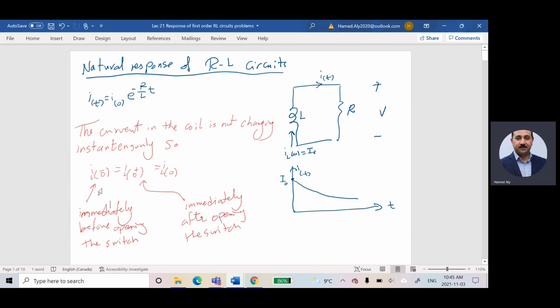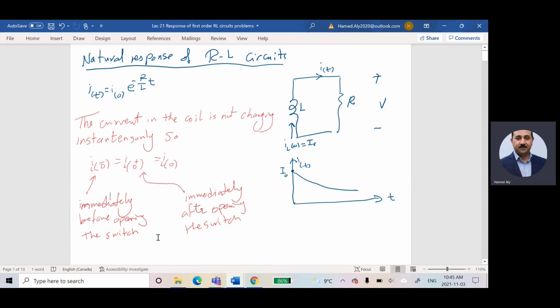So IL of 0 negative is the current immediately before opening the switch. And IL of 0 positive is the current immediately after opening the switch. So this guy before opening the switch and this guy after opening the switch, and both of them are equal. That's why for most of the cases, in case of RL, I'm going to ask you to calculate IL of t for t greater than or equal to 0.